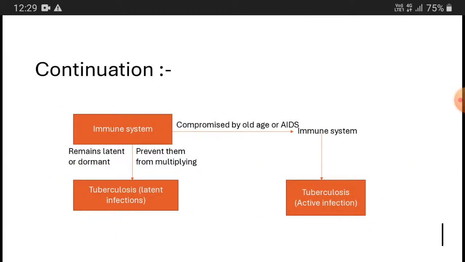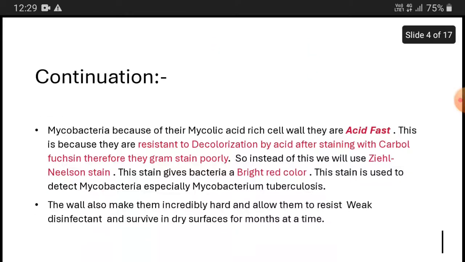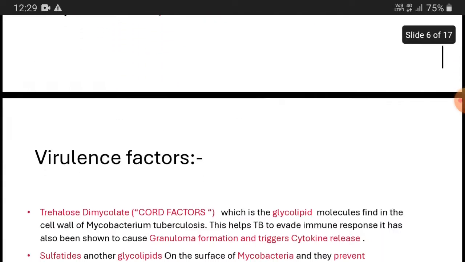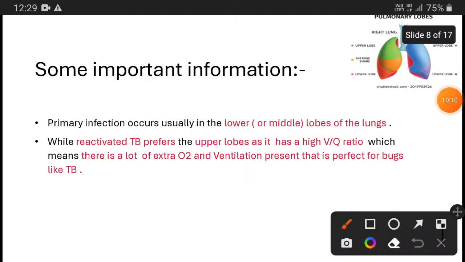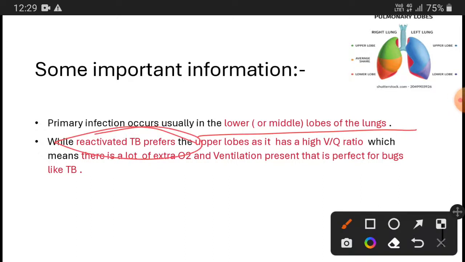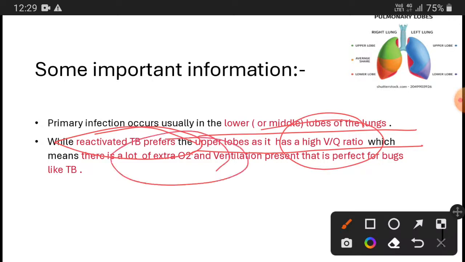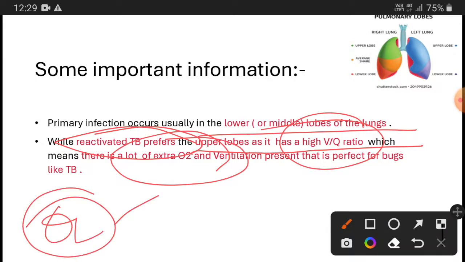I have also told you that in primary infection the first choice for TB is the lower lobe of the lungs, and in secondary infection, or reactivated TB infection, the choice is the upper lobe, because the upper lobe has a good V/Q ratio, which means extra O2 and ventilation are present here.